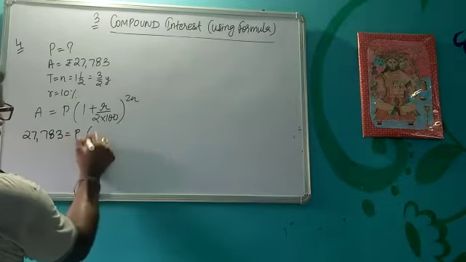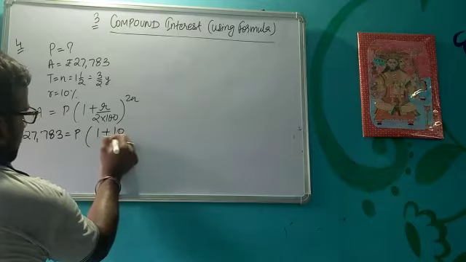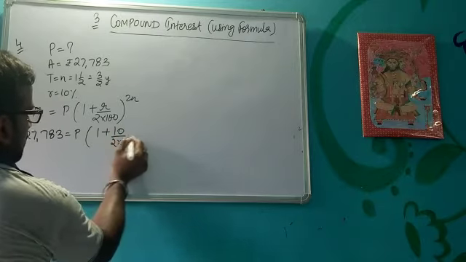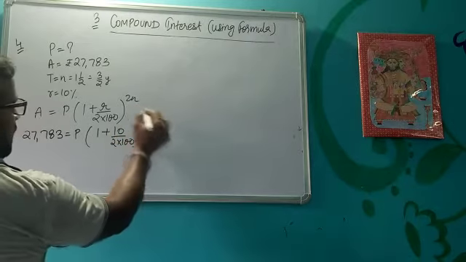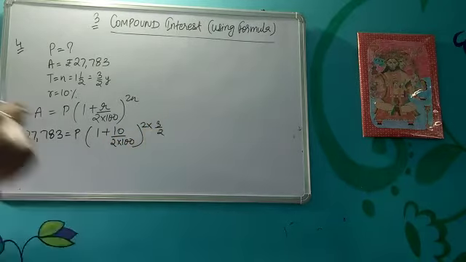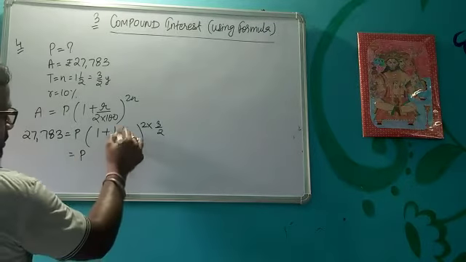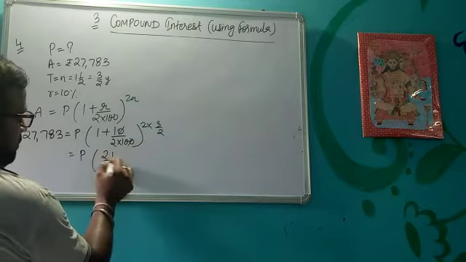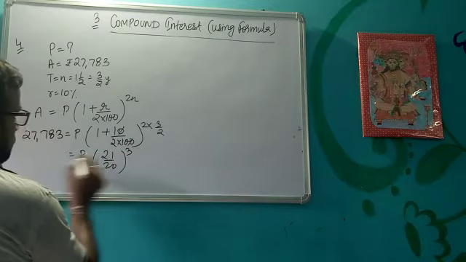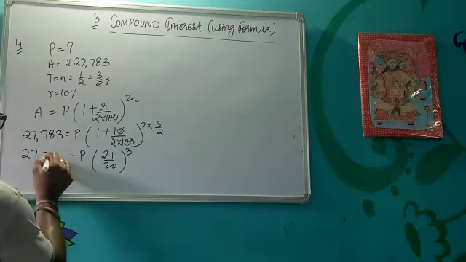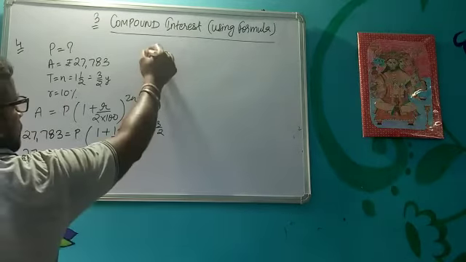So let's put the values. P we have to calculate. R is 10 into 100 and 2 is 1.5 years means 3 by 2. Okay, so then it is 21 upon 20 to the power 3. So what is our P?